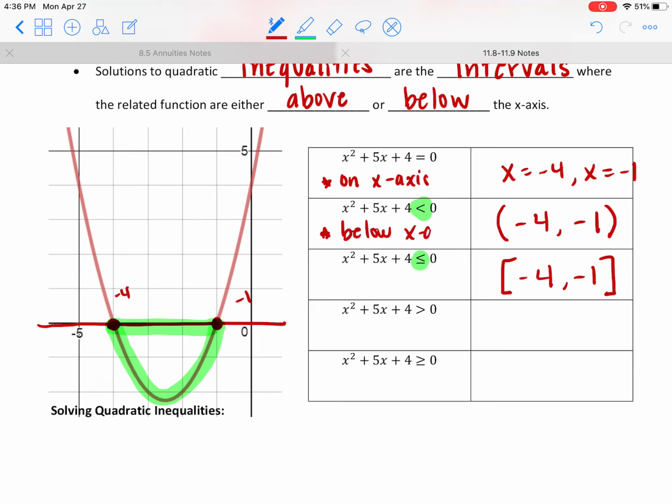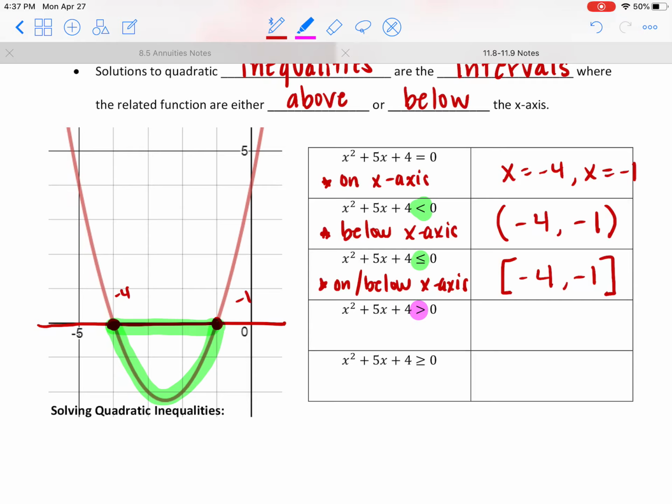So this is below the x-axis. This is on the x-axis. This is below the x-axis. And this one is on and below. Both.